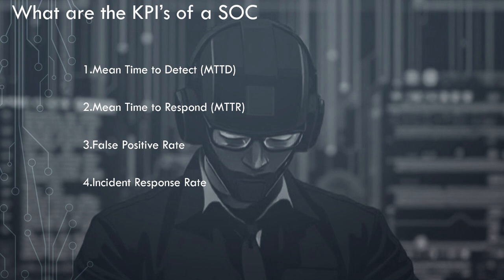It is better to have a false positive rather than not having one. The opposite of false positives is a false negative. So as I said, the more mature the SOC and the more fine-tuning has happened, false positives would be less. That would contribute to a more efficient SOC.